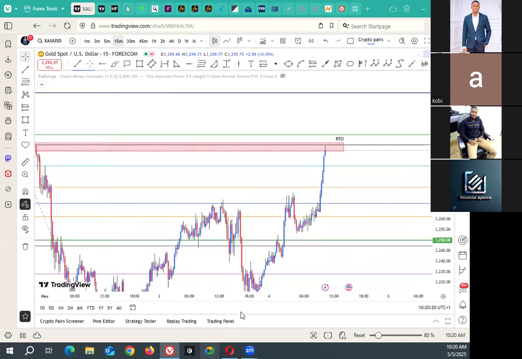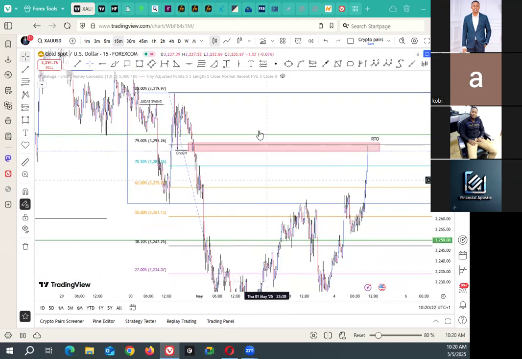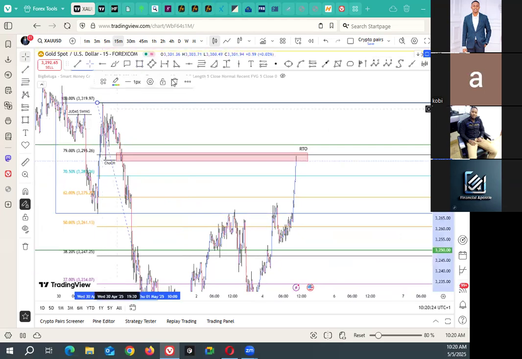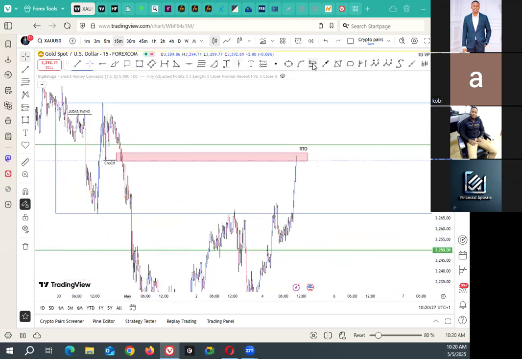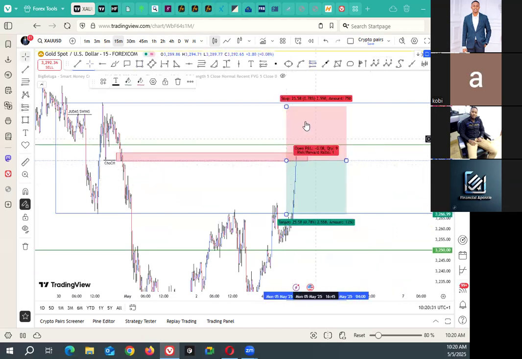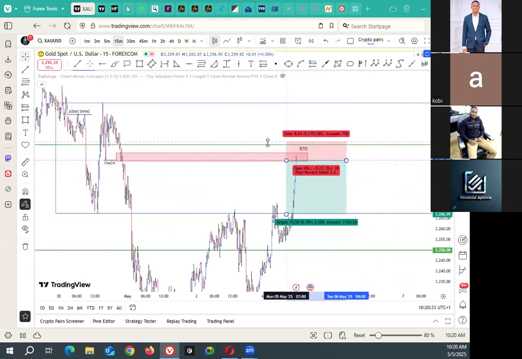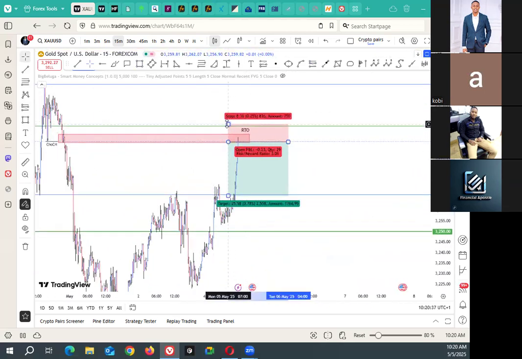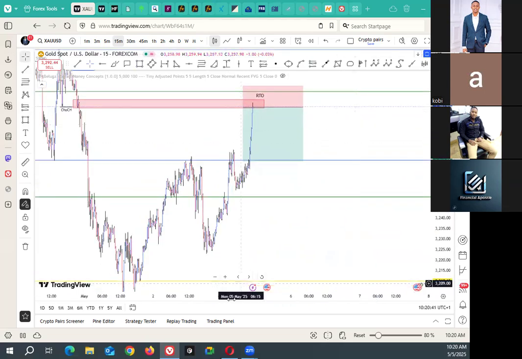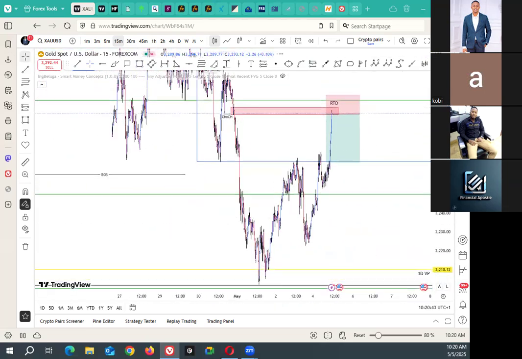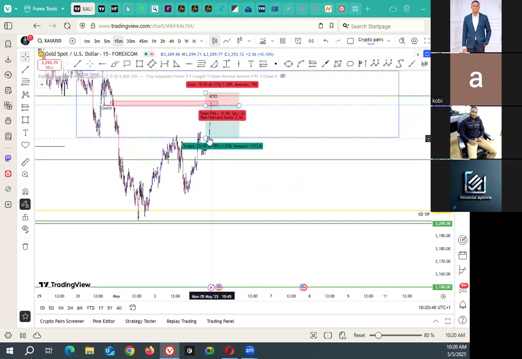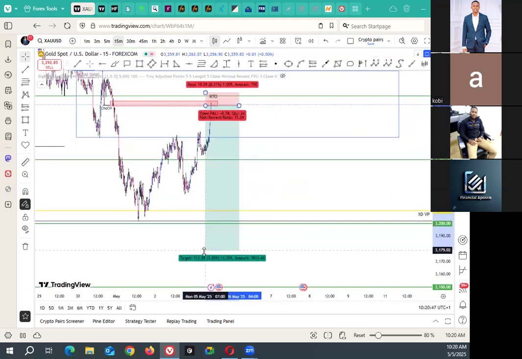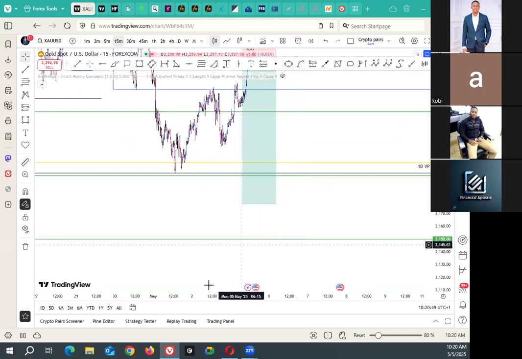Okay, so this is actually the big picture. And a sell on gold is possible. So you can risk 1,000 pips on gold, slipping to the downside.